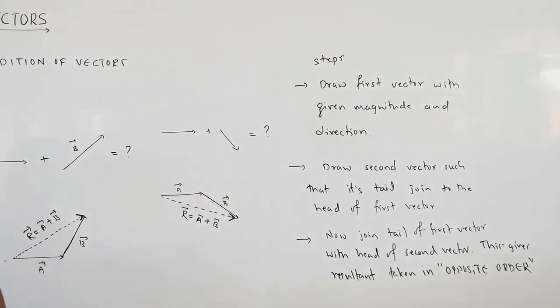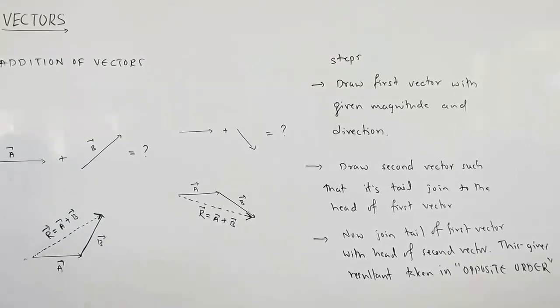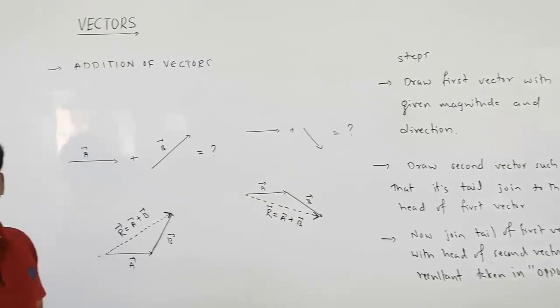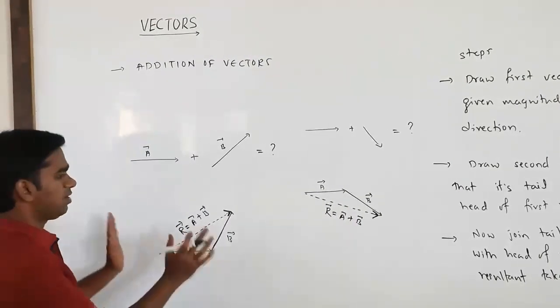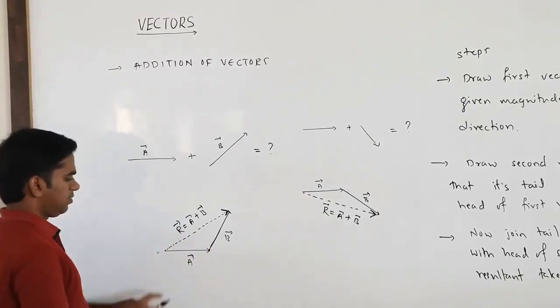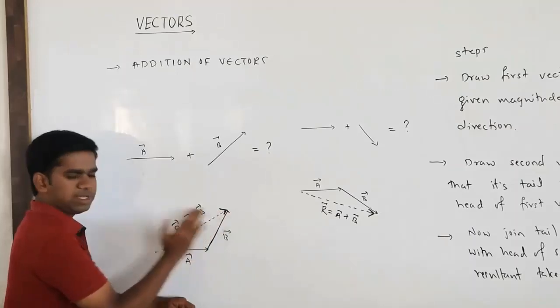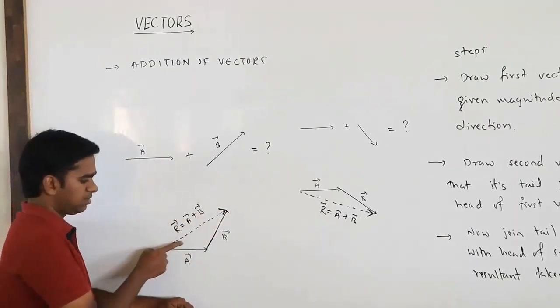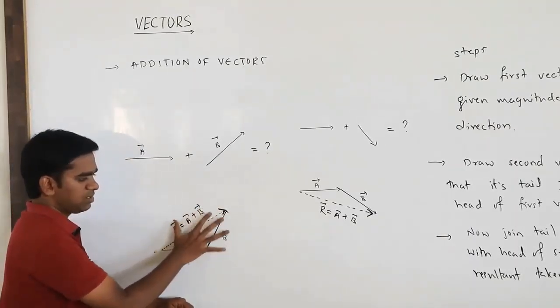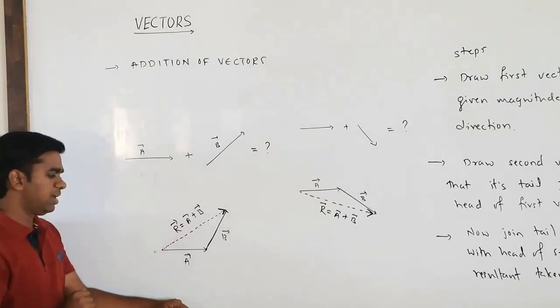Now we can define the triangle of addition. When you take these two sides, this will give you a partial triangle. When you join the third side, this becomes a triangle. So how can we define it?